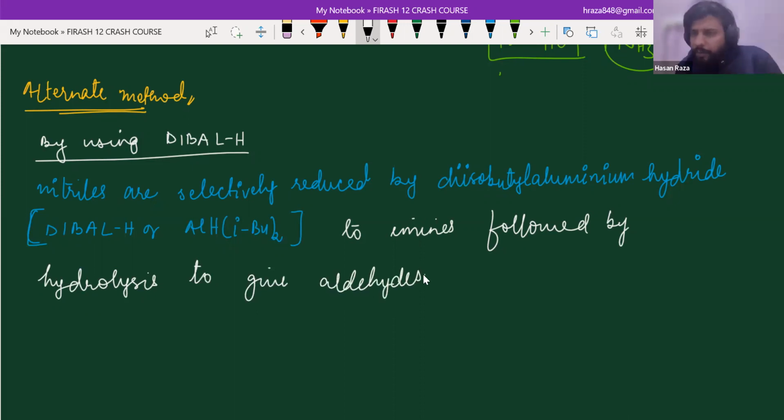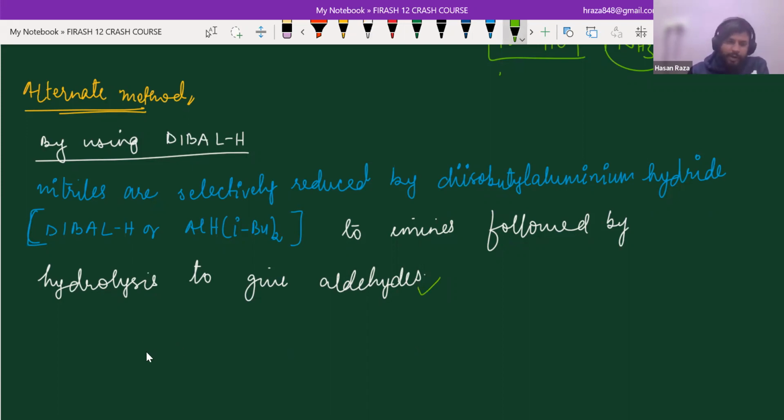The previous method was the same. You treat these nitriles with stannous chloride in the presence of HCl followed by hydrolysis. Now the alternate method is to use nitriles with DIBAL-H. If you react nitriles with DIBAL-H, you will get imines, and imines followed by hydrolysis will give aldehyde.